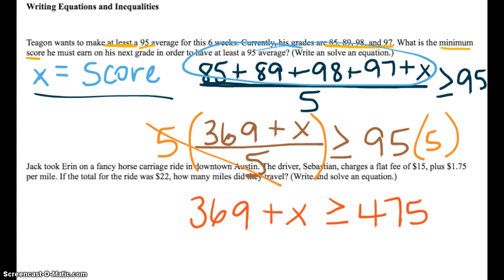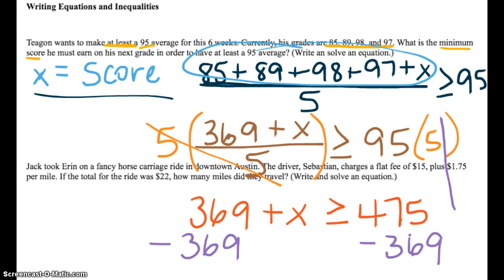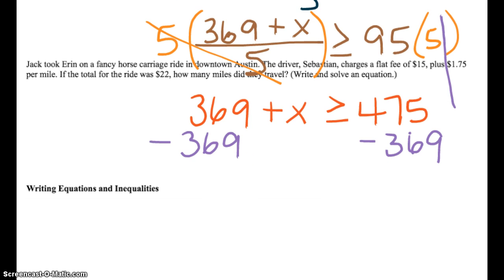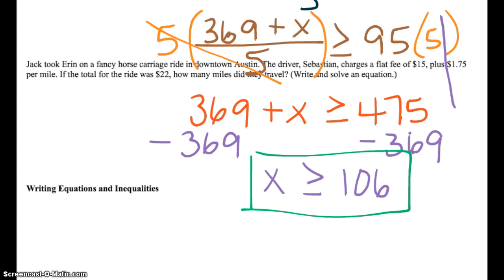Okay, next step would be to subtract 369 from both sides. And then we are left with our value X. His score has to be greater than or equal to 106. So, in order to have at least a 95 average, Tegan needs to make at least 106 on his next assignment.